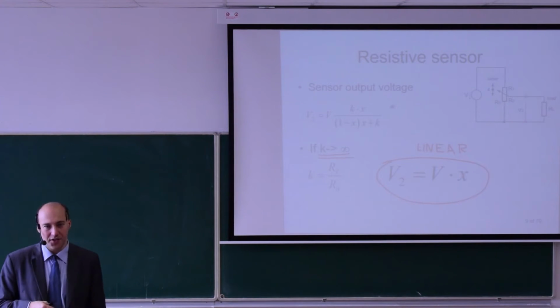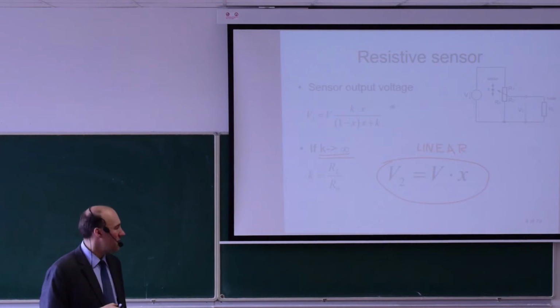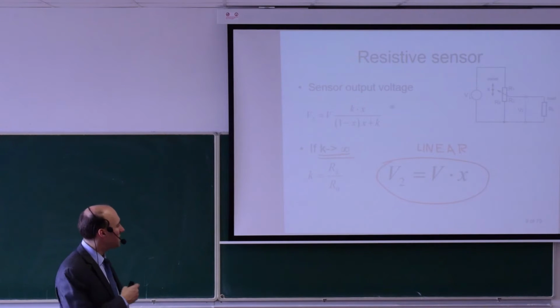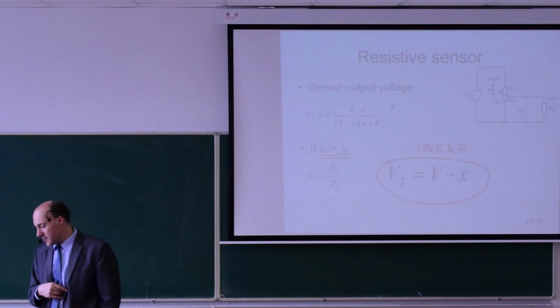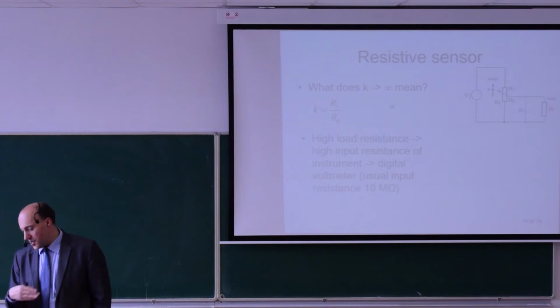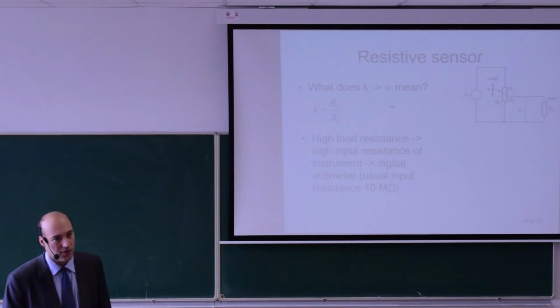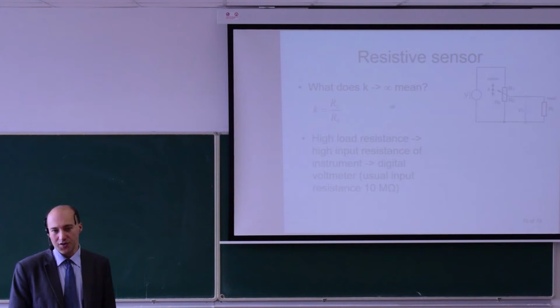If you are working with a digital voltmeter, it does not matter because the resistance is so large compared to the resistance of the sensor that you will not see any difference. So for this resistive sensor, you should definitely use a digital voltmeter with a high input resistance.